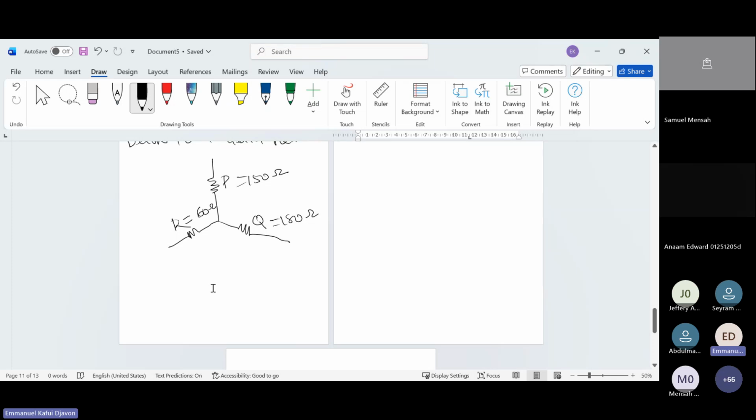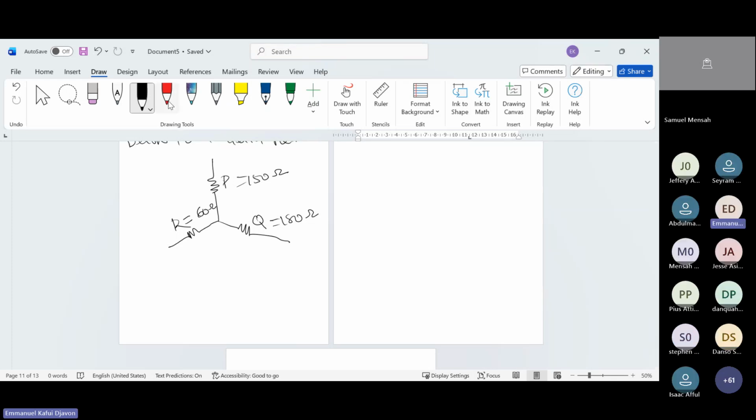Don't forget, I said to do that, you need the formulas. Now the formulas, you don't have to cram the formulas in your head. What you do is just draw the delta around the star network.